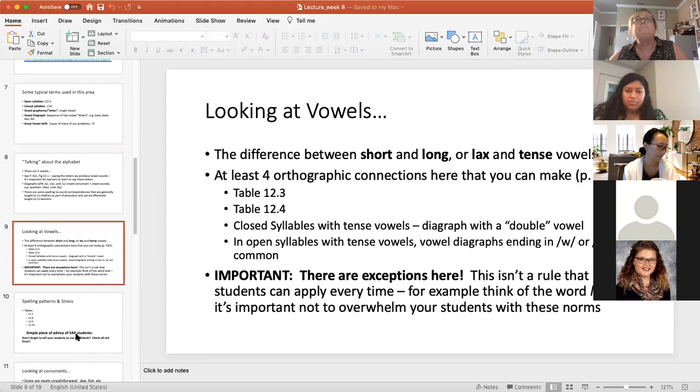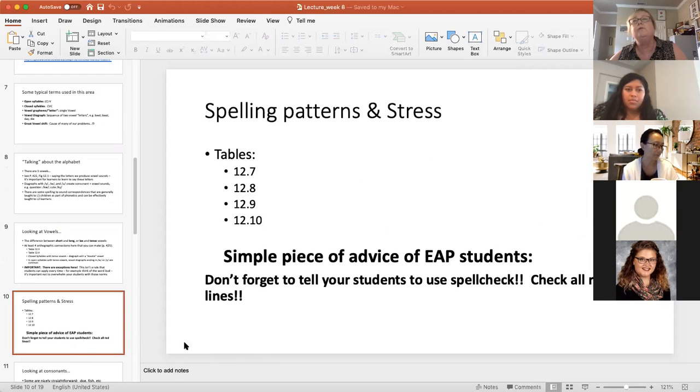Okay, so they're the four sort of critical ones, and then people also have some rules to do with stress. Spelling patterns of stress.